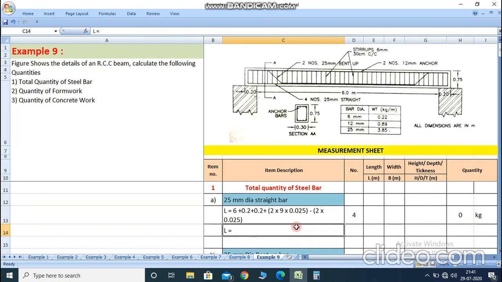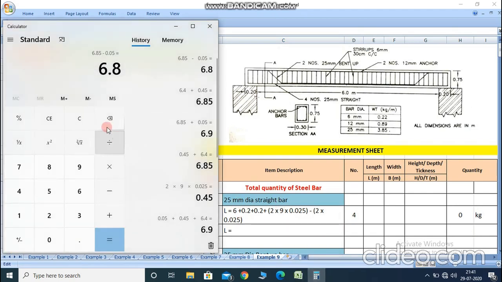Now we calculate the total length of the 25 mm diameter straight bar using the calculator. Here 6 plus 0.2 plus 0.2 is 6.4.